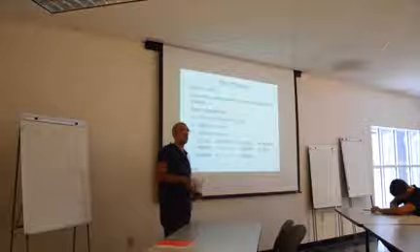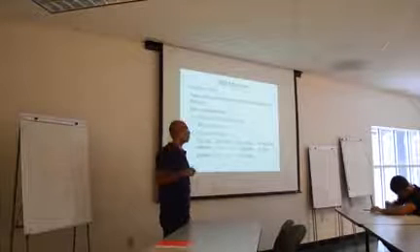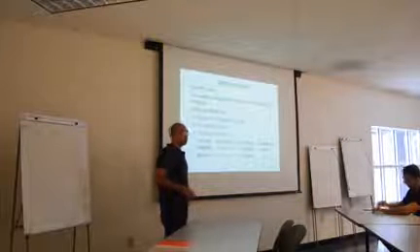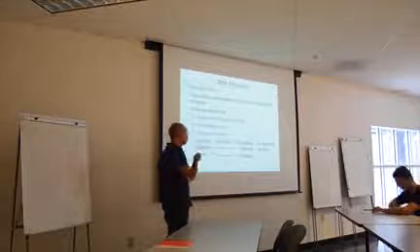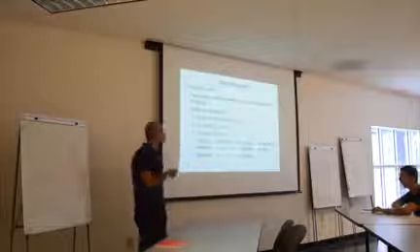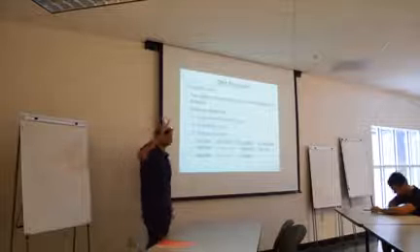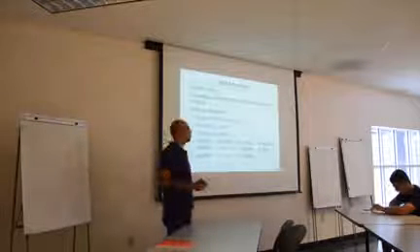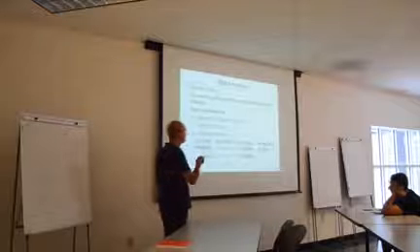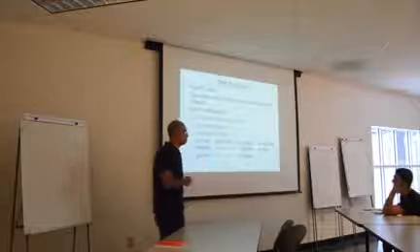Penta means 5, so this is a 5-carbon sugar. I have a phosphate group attached to the 5-carbon sugar, and a nitrogenous base also attached to it. So again, 3 basic structures build up the nucleotides of my DNA: pentose sugar in the form of deoxyribose, phosphate group, and nitrogenous base.